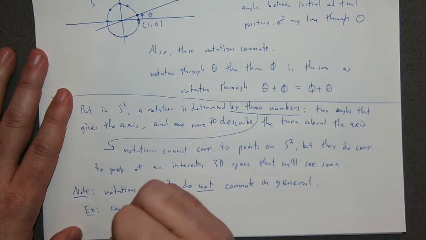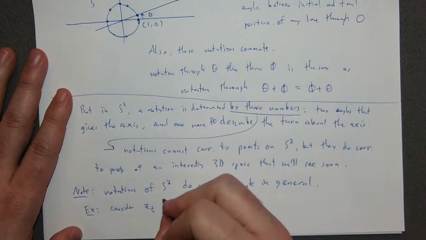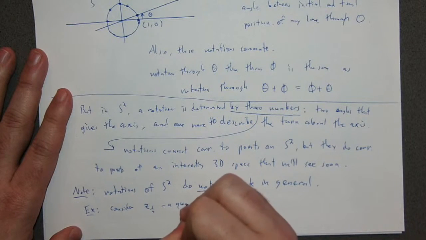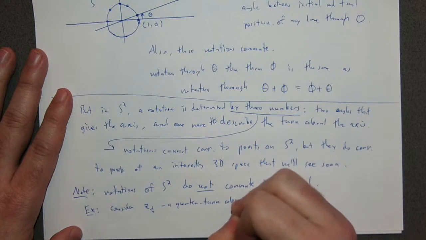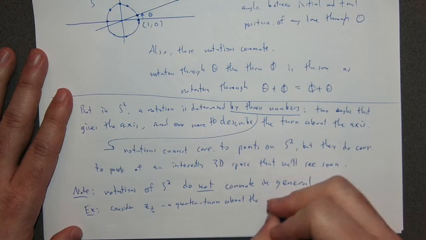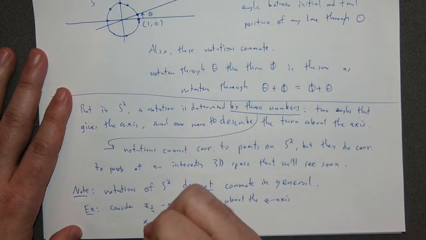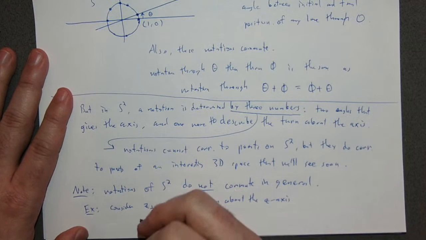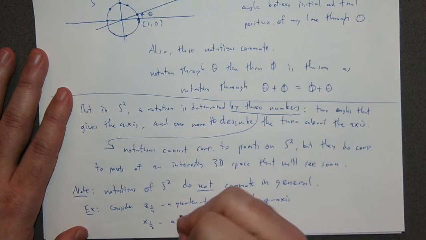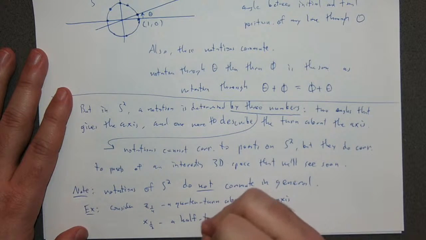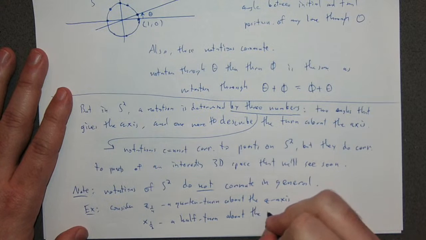So consider z sub 1/4, which is a quarter turn about the z-axis, and x sub 1/2, which is a half turn around the x-axis.